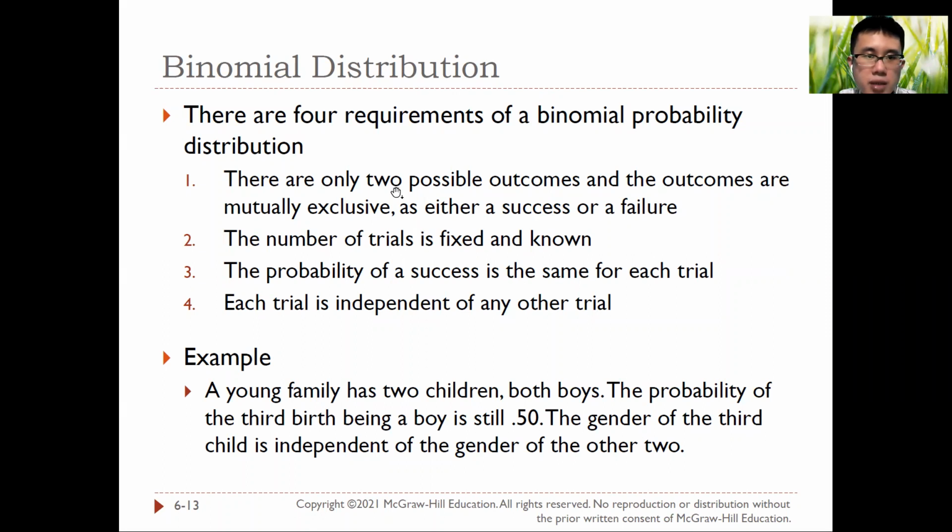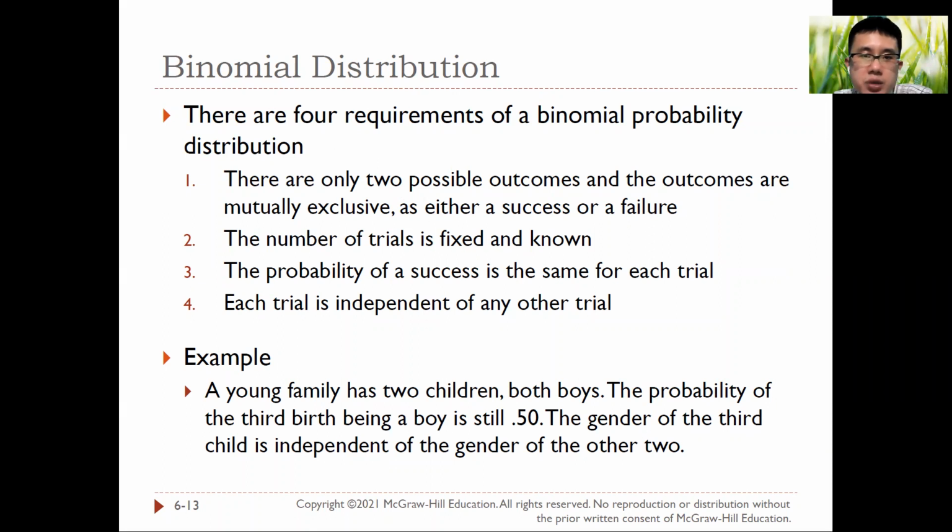Let's start with the binomial first. Before we go to the formula, let me see what are the requirements of a binomial probability distribution. And once again, this is only a type of discrete random variable with special features, special properties.